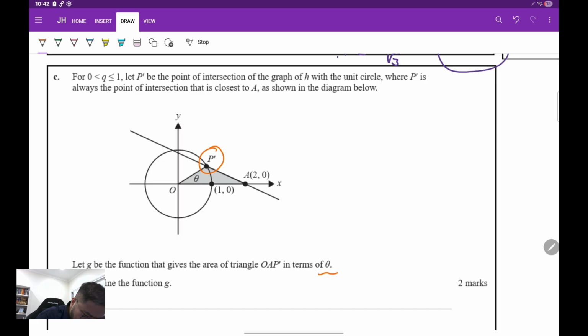Now, this P dash, if I increase this gradient, I'm just going to see what would happen if I make P dash a different value. If I make P dash over here, what happens is that P dash no longer becomes that point there.